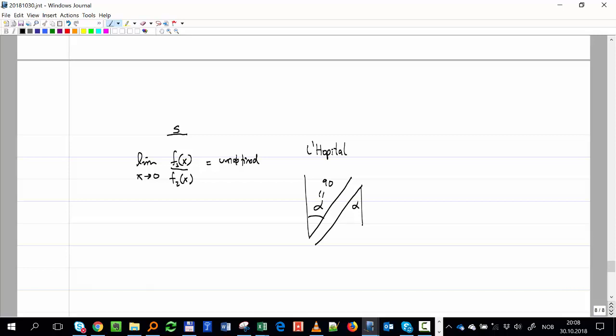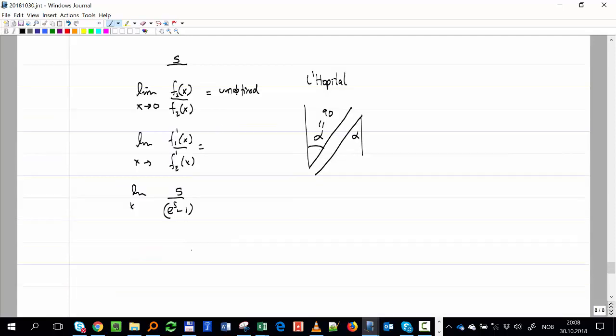So L'Hopital tells me that I take the limit of the derivative of both, and then I check again if I have a problem, which is undefined. The expression I have in my case is s over e to the s minus 1. When you apply the derivative on that, that will just give you e to the s and 1 here, and that gives you simply just 1.